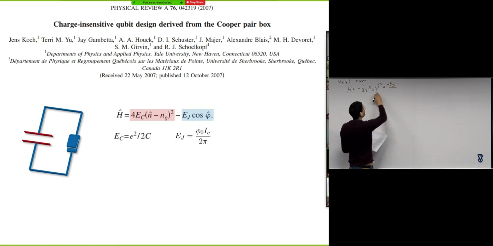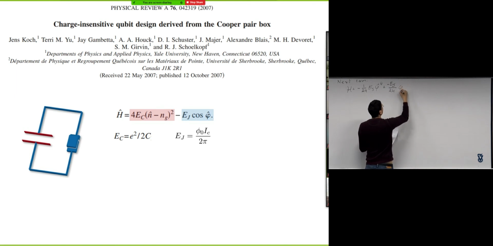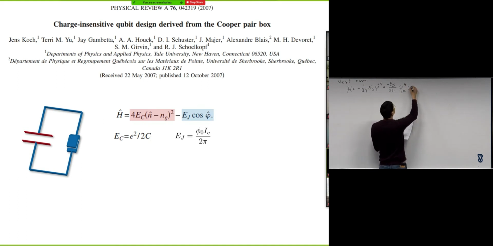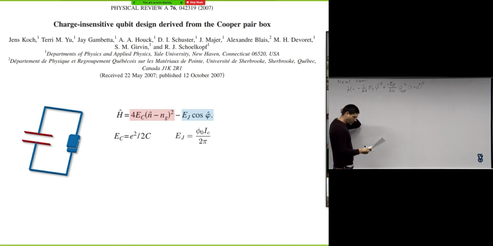And now I'm just going to write it in terms of our lowering and raising operators. These are the same lowering and raising operators that we saw last time when we quantized. So if I write it in terms of that, we have phi zero-point fluctuations to the fourth times (A plus A dagger) to the power of 4.